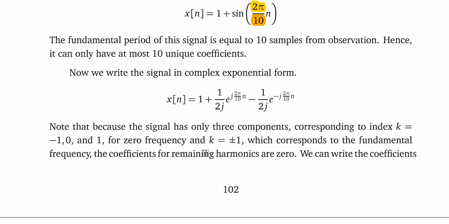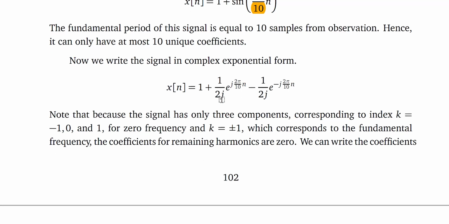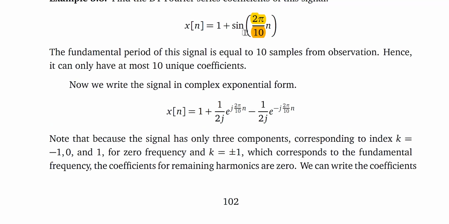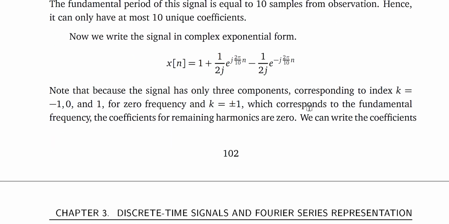Note that because the signal has 3 components corresponding to index k of -1, which is this one, and 0 and 1, we can actually write the answer by just observation. And then we know that even though there are 10 possible harmonics, the other coefficients are 0.